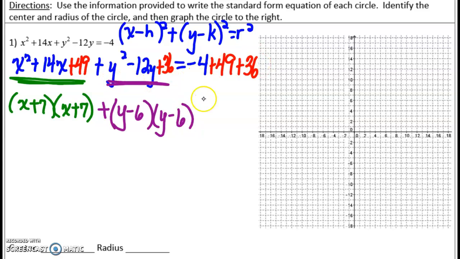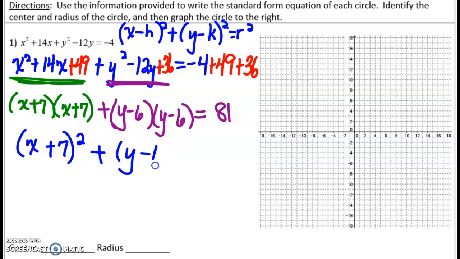And then over here we're combining like terms. This is going to be 45 plus 36. I'm thinking 81. Now obviously we can write that so it looks better. The same thing times itself is the same as x plus 7 squared. Same thing times itself. And that's going to equal 81.